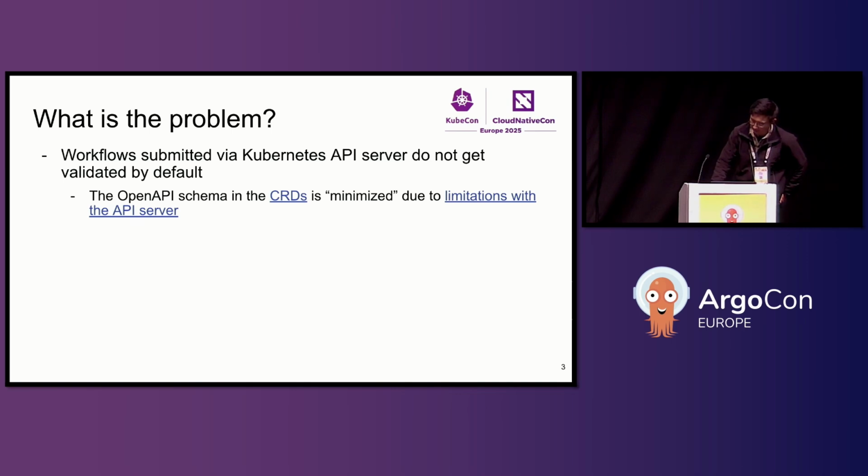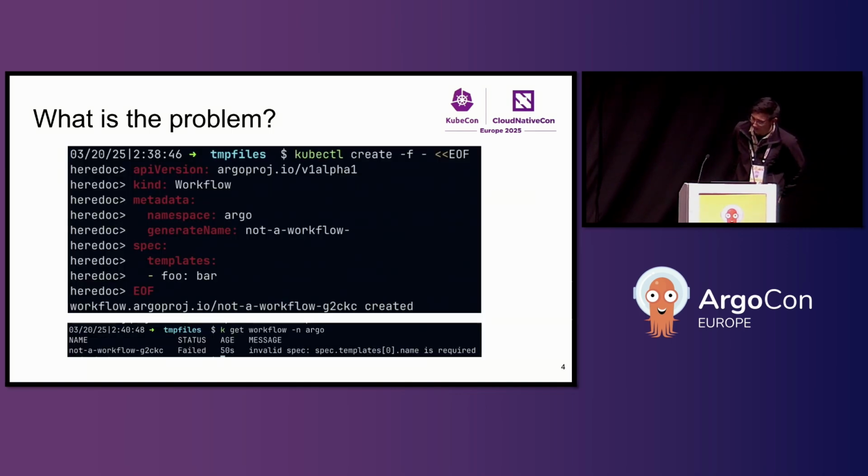So as a result of that limitation, if you create a workflow with some bogus definition, so see in the spec, in templates it's a foobar, and you create a workflow like that to the API server directly, you actually get accepted and created, so you get a 200 back. But then when you actually get the workflow in your cluster, you'll see that the workflow never actually executed.